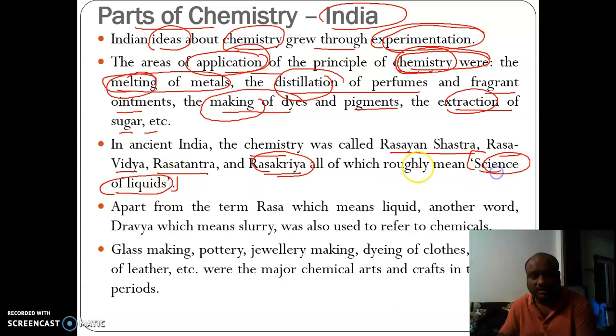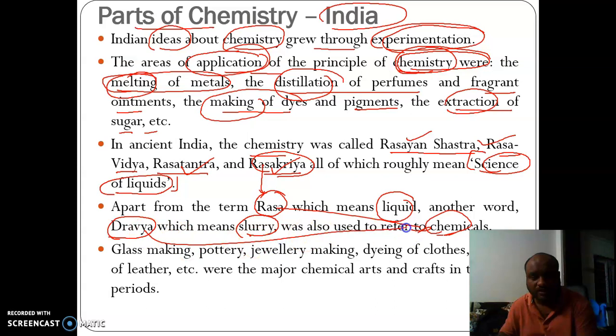A part of all these terms is rasa, which means liquid. Another word, dravya, means a slurry, and is also used to refer to chemicals. Rasa refers to liquid, dravya refers to slurry.